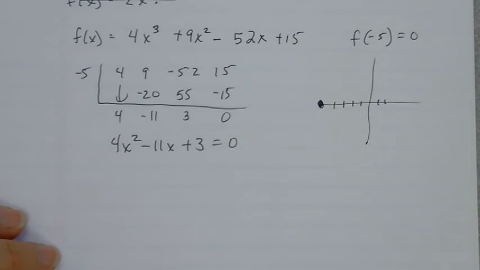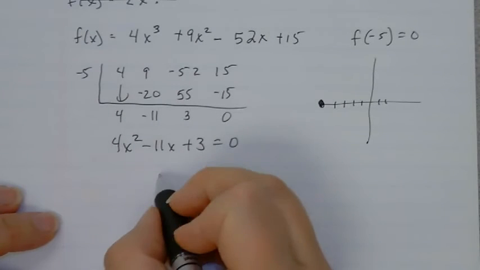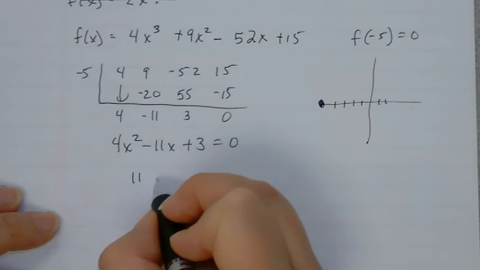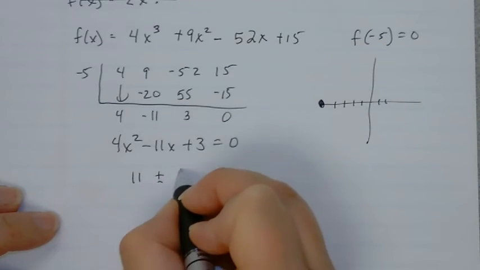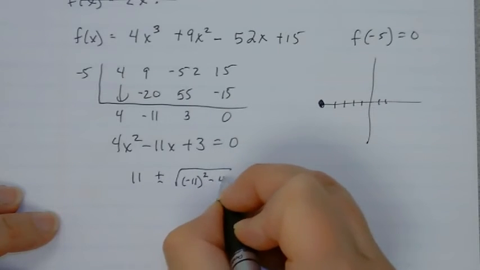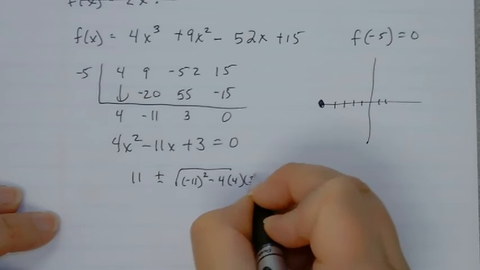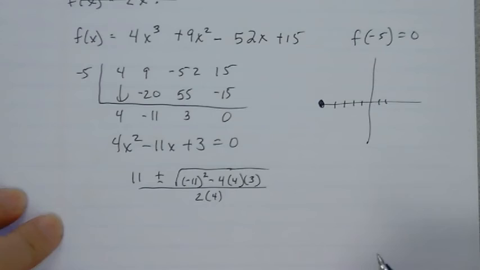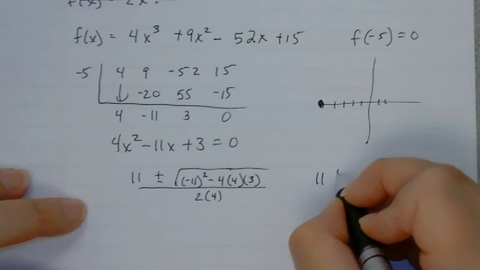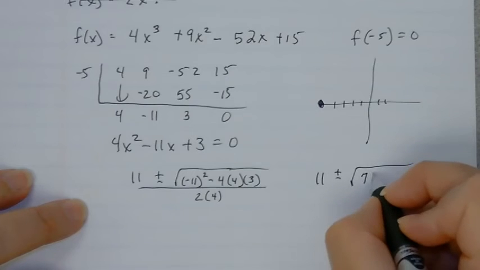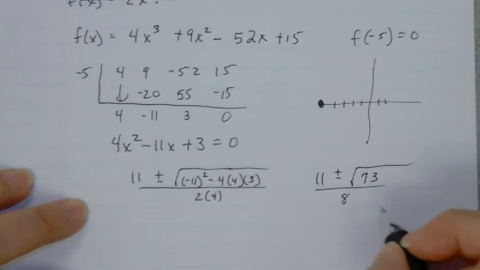So to find the other two zeros, I'm going to have to use the quadratic formula, which is the opposite of b, and since my b is -11, I'm going to put plus 11, plus or minus the square root of b squared minus 4ac over 2 times a. So 11 plus or minus the square root of 73 over 8.